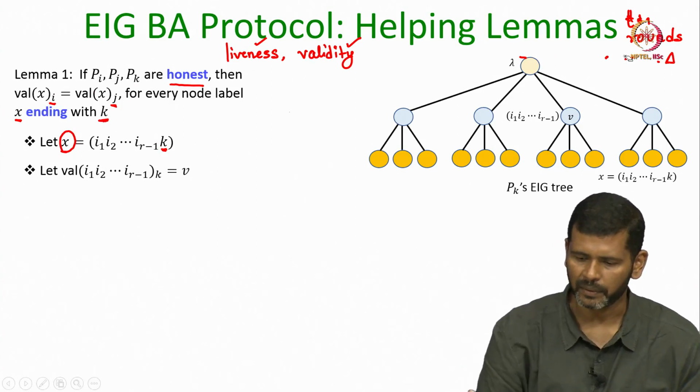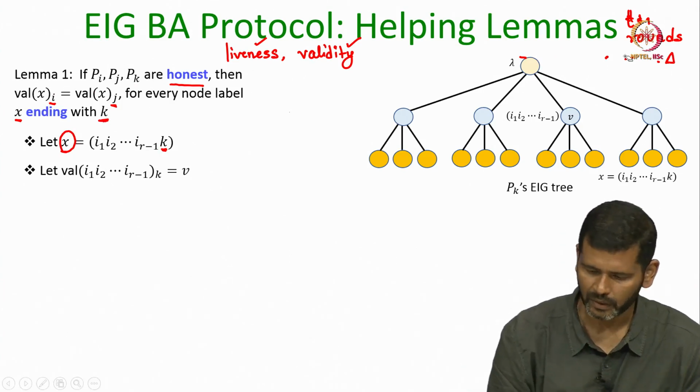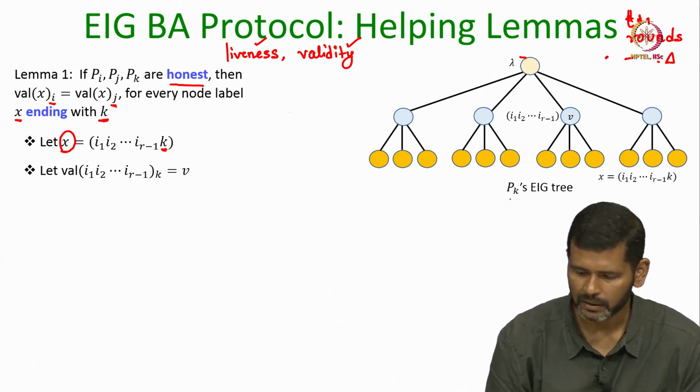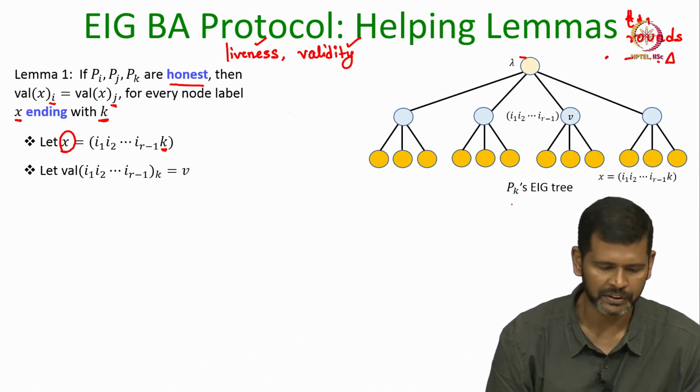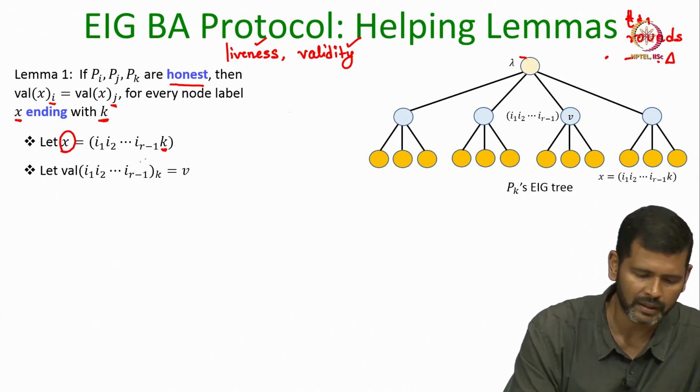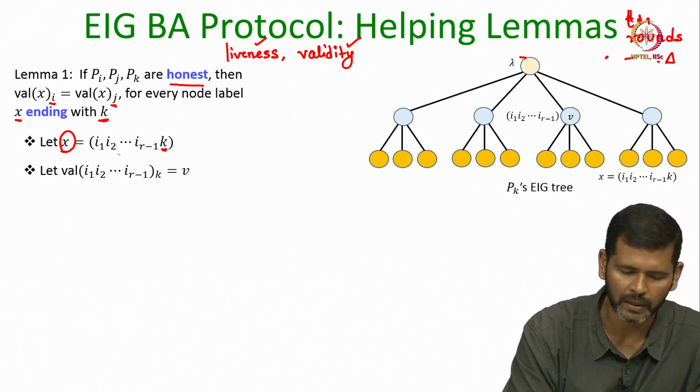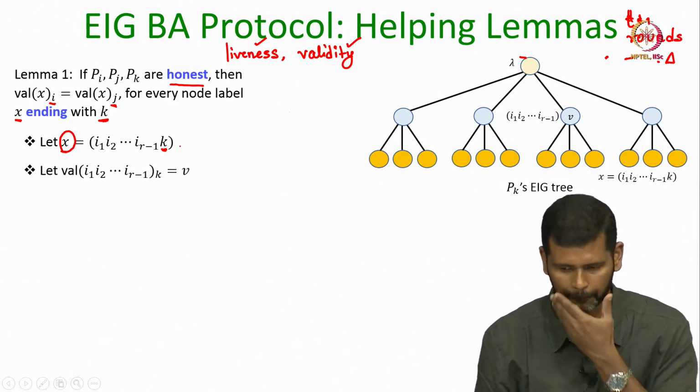Okay. So, imagine what will be happening in the P_k's copy of the EIG tree. I am assuming here that x has a label of the form i_1, i_2, ..., i_{r-1} followed by k.